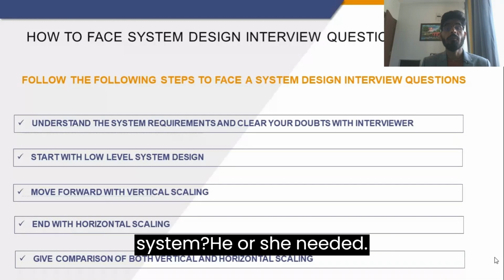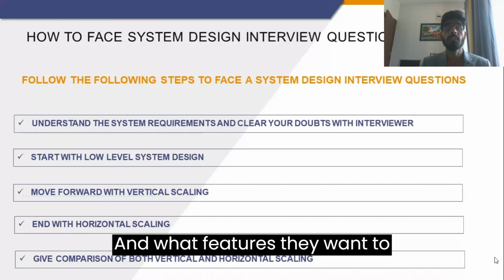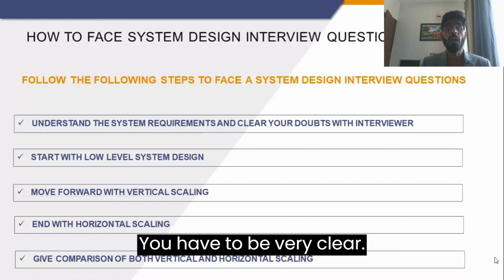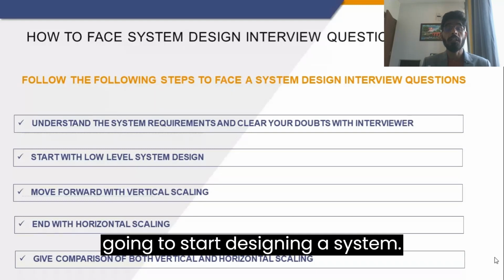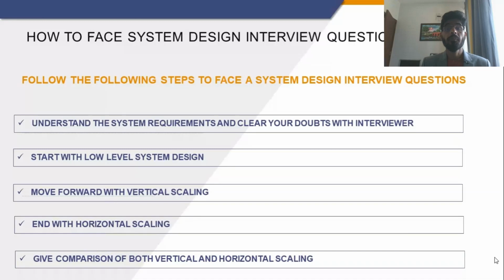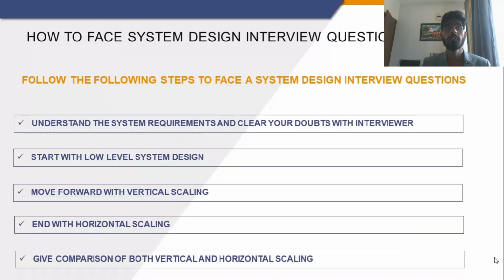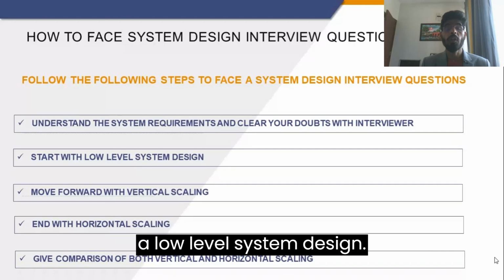What kind of system he or she needs and what features they want in that system. You have to be very clear with your doubts, questions and queries before you start designing a system. After clearing all your doubts and questions, you should start the system design with a low level system design.